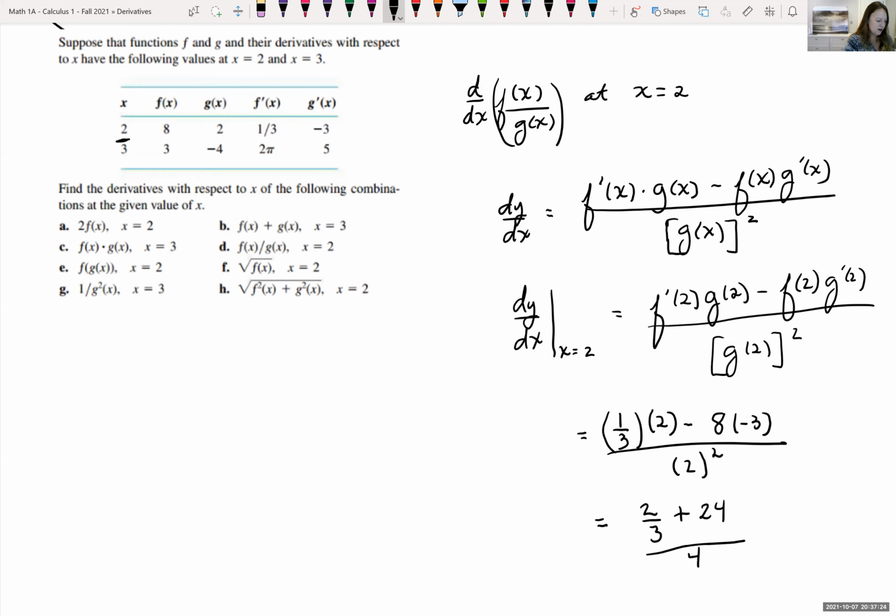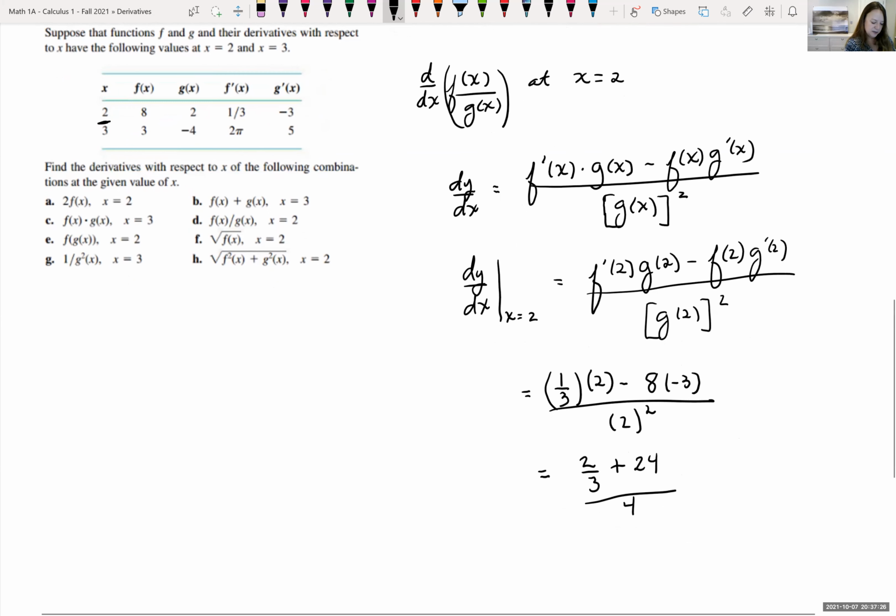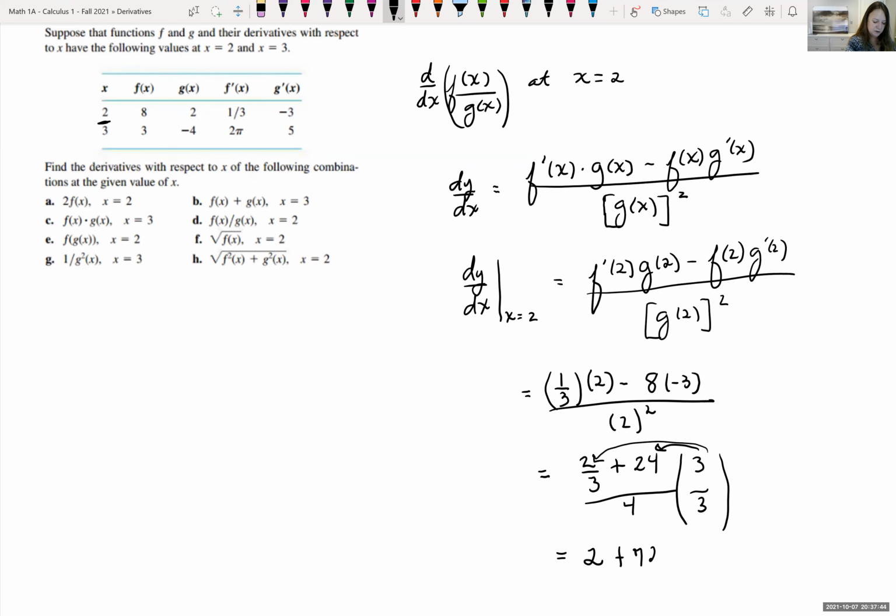We don't like complex fractions. Let's just multiply by a fancy one, 3/3, and simplify it that way. And so if I distribute 3 to 2/3, you're just left with 2. 3 times 24 is 72, so plus 72, all over 4 times 3, which is 12.